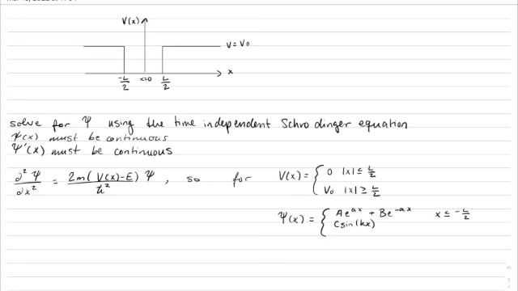Within the well, it'll be c sine of kx plus d cosine of kx. And then finally, on the right side of the well, it will be e times e to the negative ax plus f e to the ax.